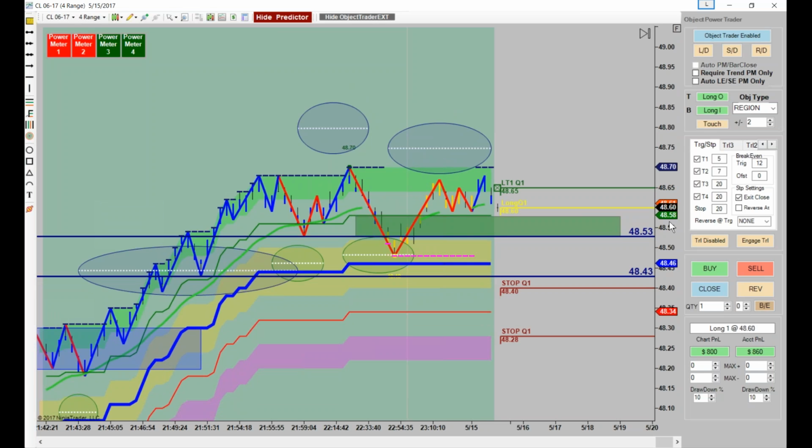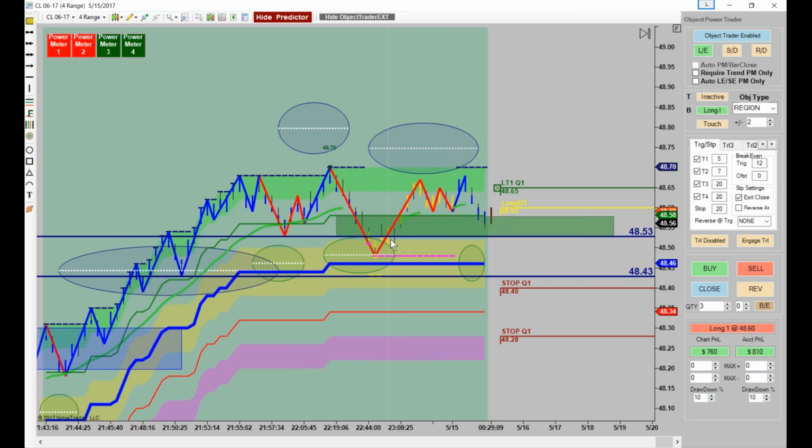Notice, there we go. I didn't want that one. That's outside the wrong side of the box. That's okay, though. I'll go ahead and take it again if it gets down to 53 at that swing. We'll go ahead and turn this one off and that one on, and we'll go with 3. Because it should bounce.